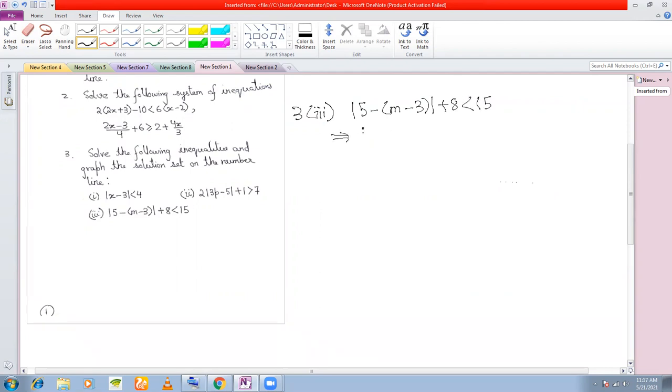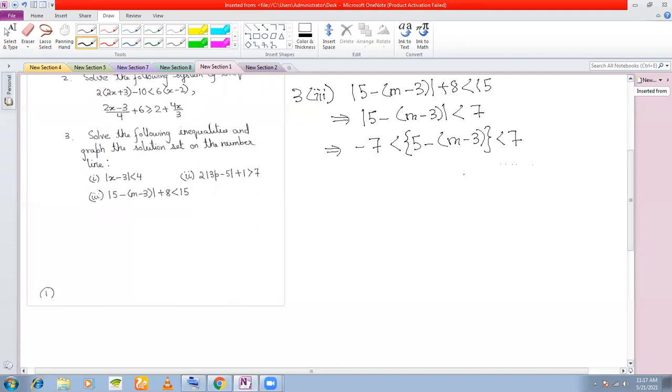You can write this as mod 5 minus m minus 3 less than 15 minus 8 is 7. That means minus 7 less than 5 minus m minus 3 less than plus 7, from the definition of mod.